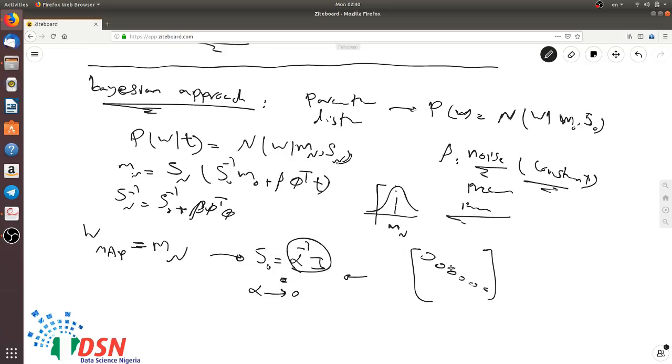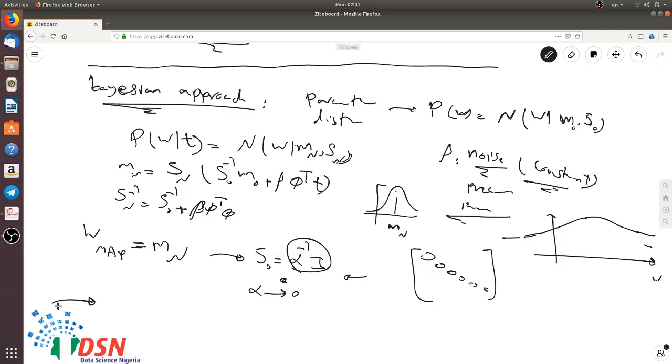This is actually a diagonal matrix. So when you write that in this way, it means that the variance of your weights is very high. So the distribution may be something like this. It's a very wide distribution, so we don't know much about the weights. We don't have so much information about the weights.